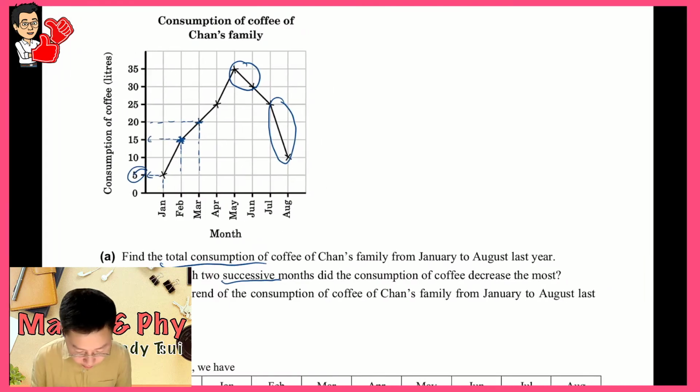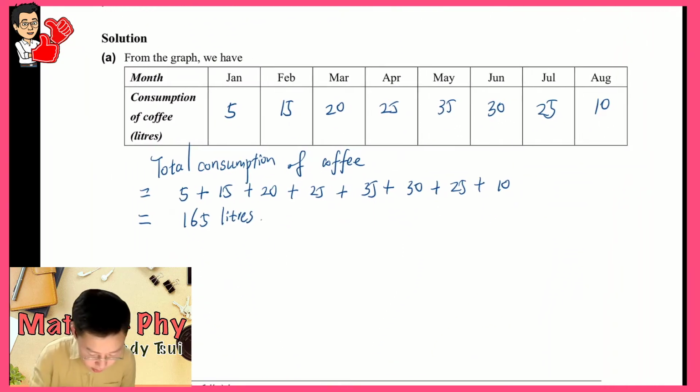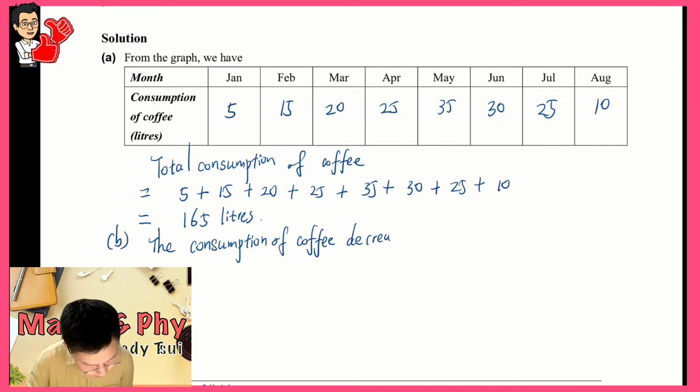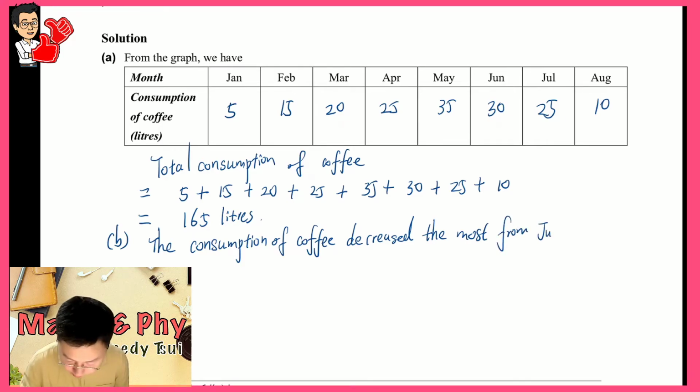So we need to write down, for part B, the consumption of coffee decreased the most from July to August.